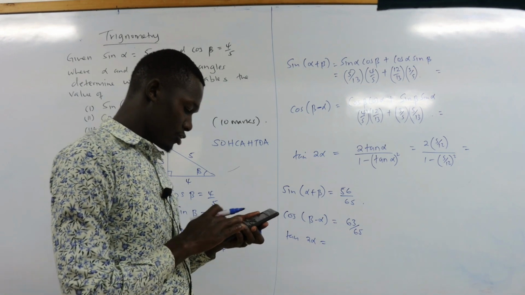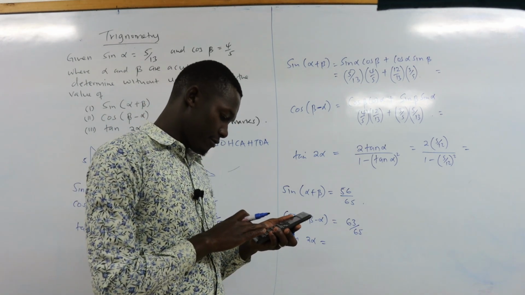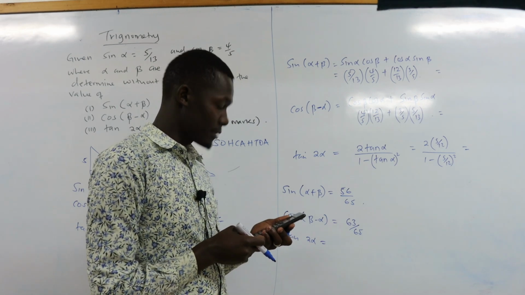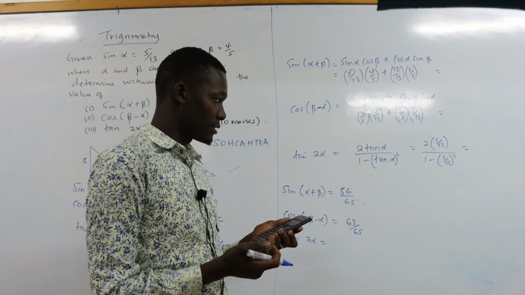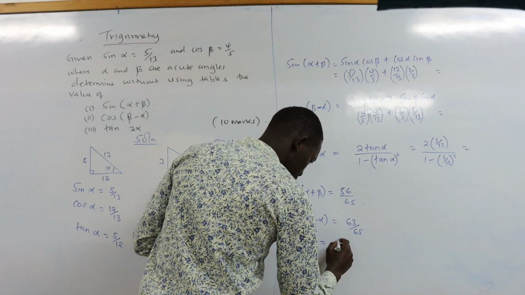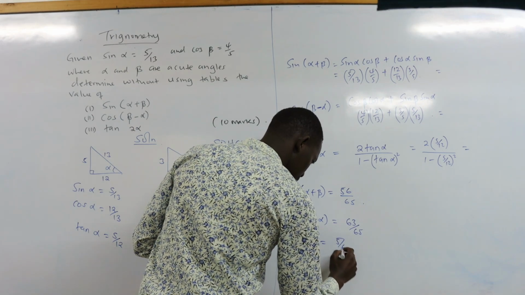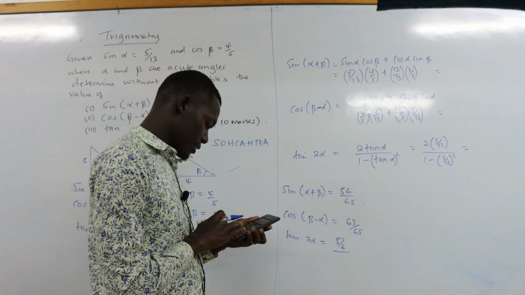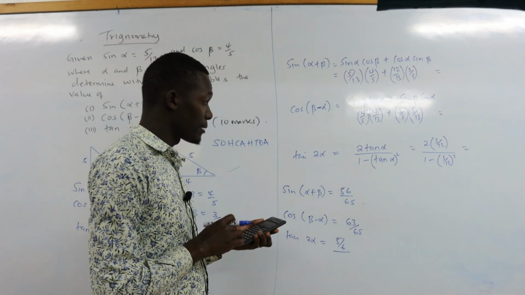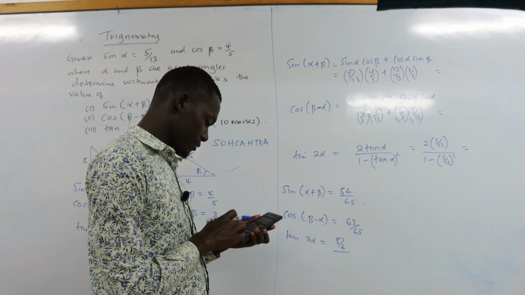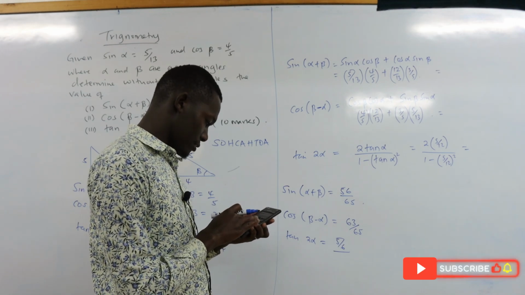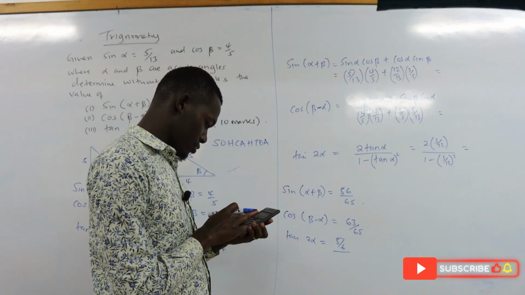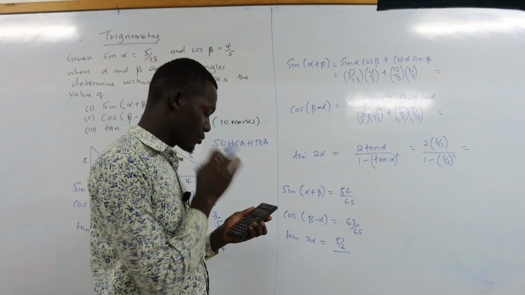Then we come to tan of 2 alpha. So we shall have 2 into bracket 5/12. I close that bracket, then I get my answer, which is 5/6. So I'll have 5 over 6 all over 1 minus, I open a bracket, 5 over 12, I close that bracket, then I square it.